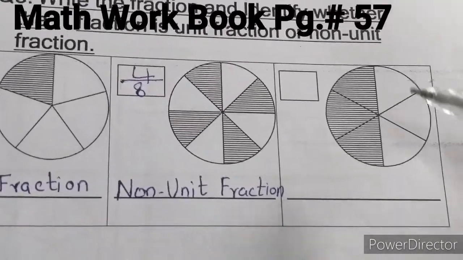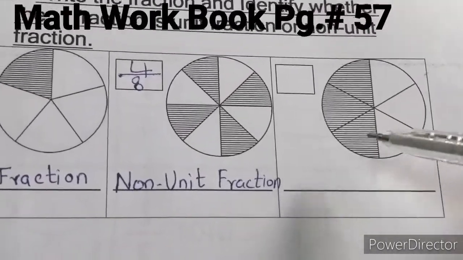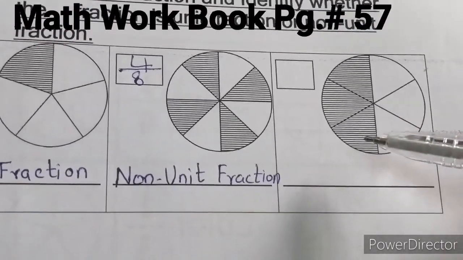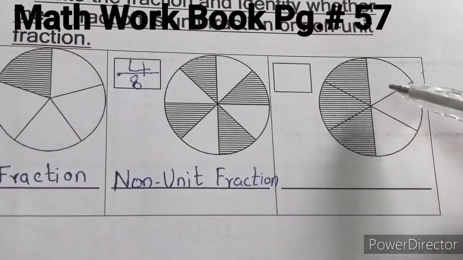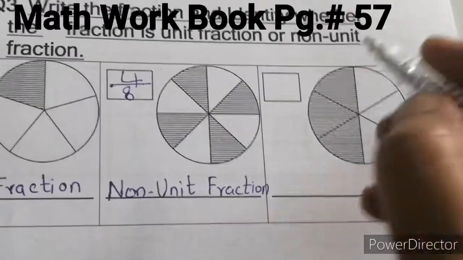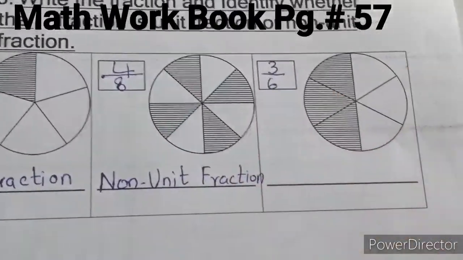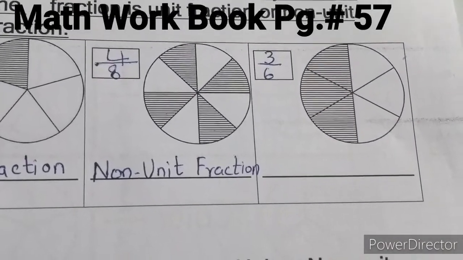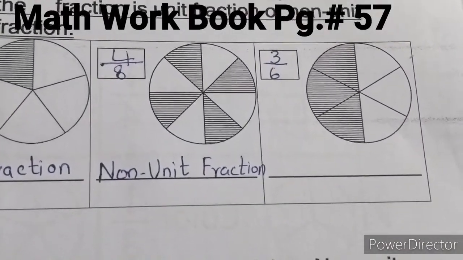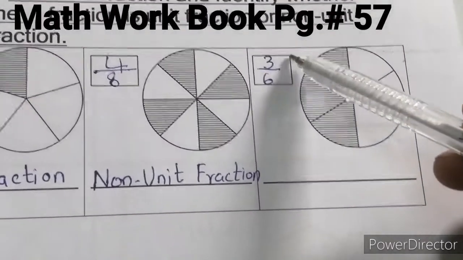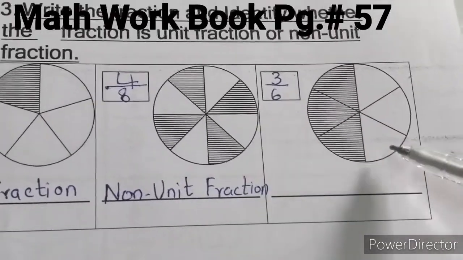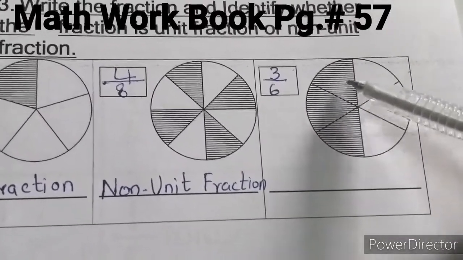The last one. 1, 2, 3 are shaded and we have totally 1, 2, 3, 4, 5, 6. So the fraction is 3 by 6. Is it unit or non-unit? It is non-unit because the numerator, the number of shaded portions, is 3.